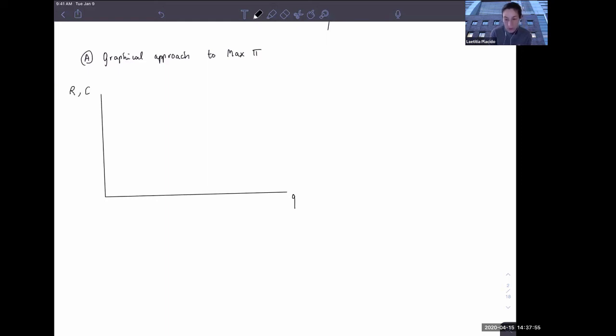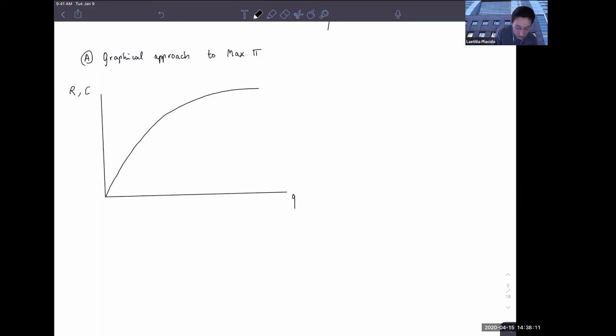So what do we know about this curve? In general, total revenue is going to increase with your sales. As you increase your production, the total revenue increases.